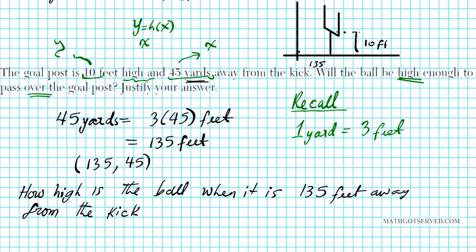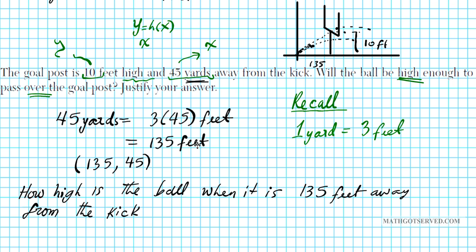If at 135 feet away the ball is less than 10 feet, it's not going to clear the goalpost. If it's higher than 10 feet, then it's going to clear the goalpost, and it's good. So we are looking for a value that's greater than 10 in order to clear the goalpost.